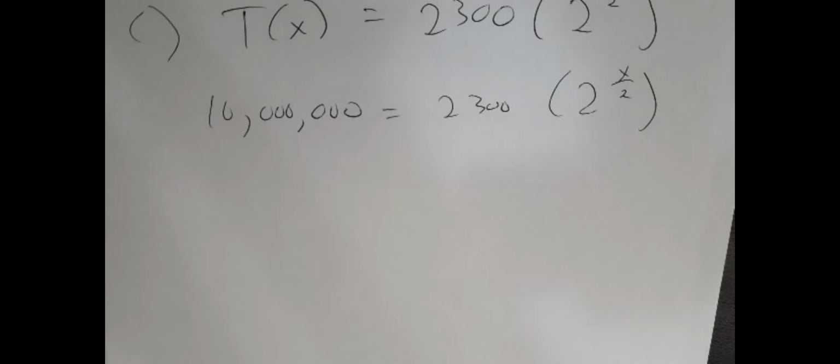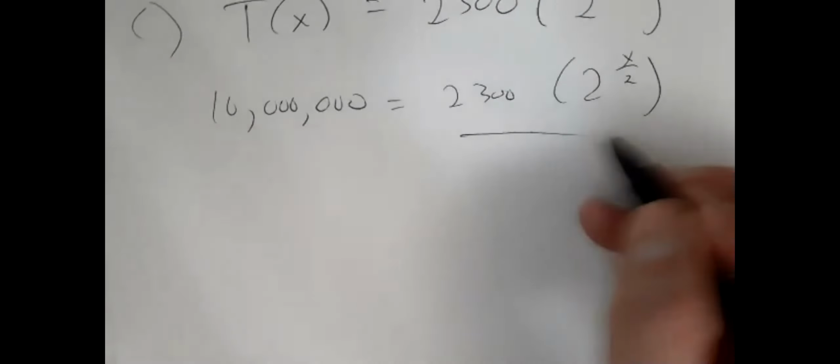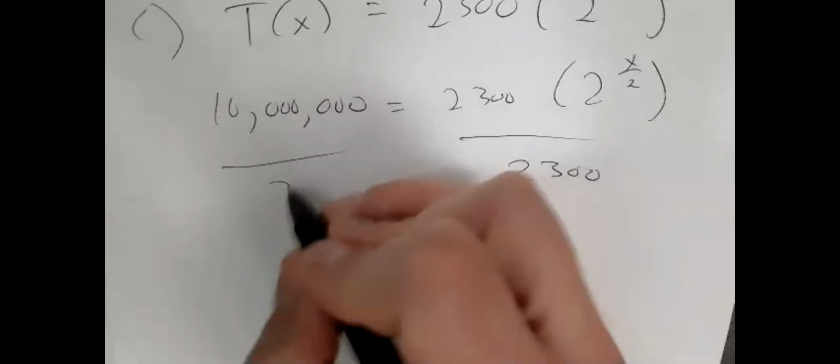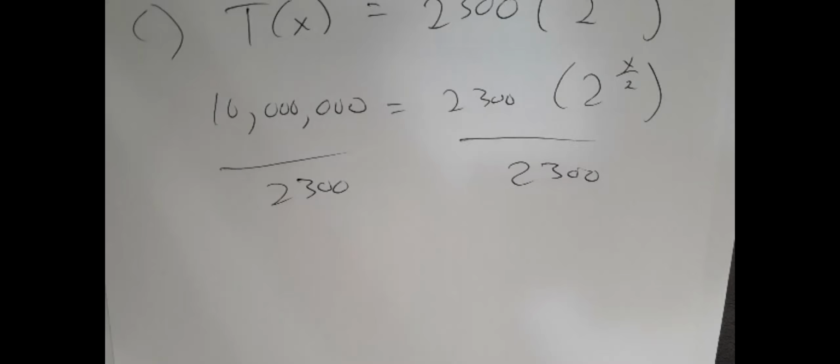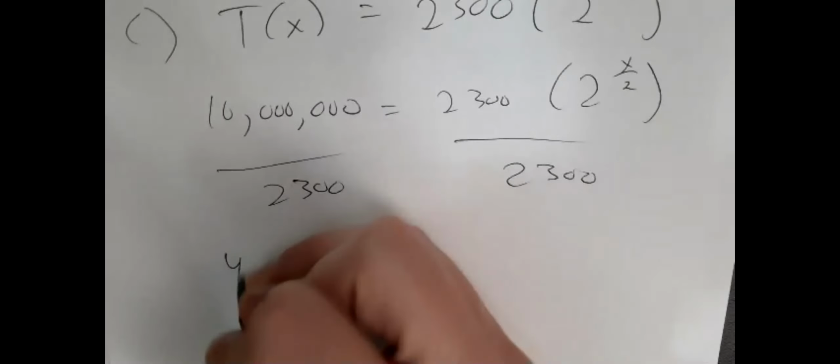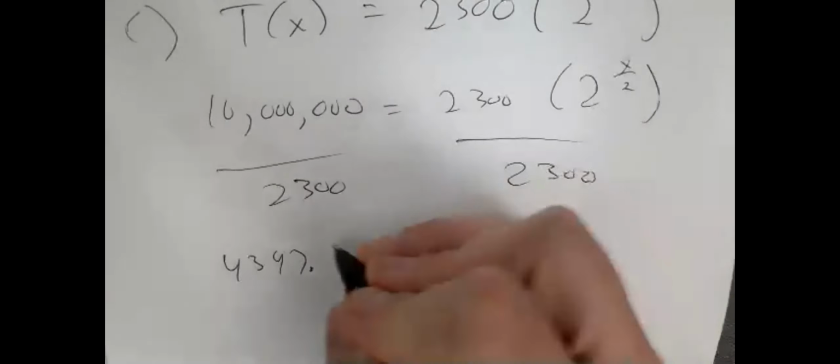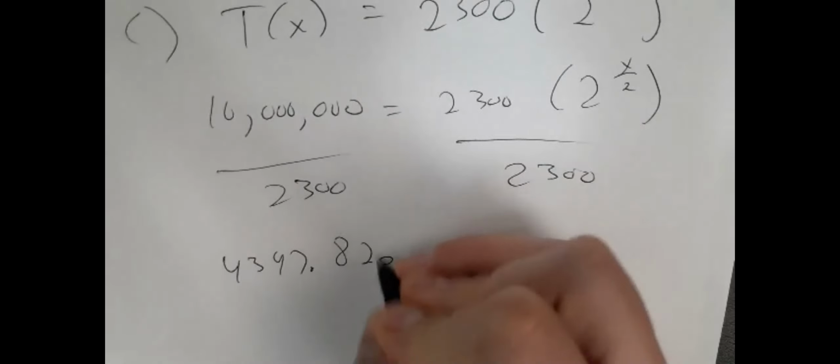It's not the prettiest thing, but it's doable. Divide the 10 million by 2300. Dividing both sides by 2300 is the first thing we want to do, to get this exponential thing by itself. This gives me 43, 47, somewhere in this ballpark, 826.